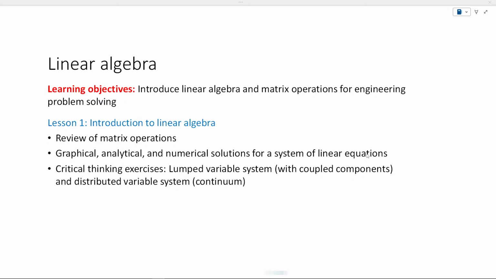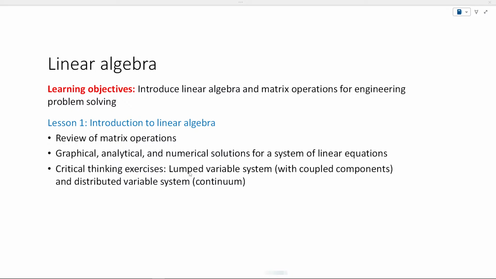tanks that are connected together. So a lumped system is a system that has input, output, and state. Versus a distributed system, that's not a lumped system. It is distributed in space basically. So it's not like a black box system, whereas a lumped system is like a black box system, with input, output, and the state of the system, whatever is happening inside.